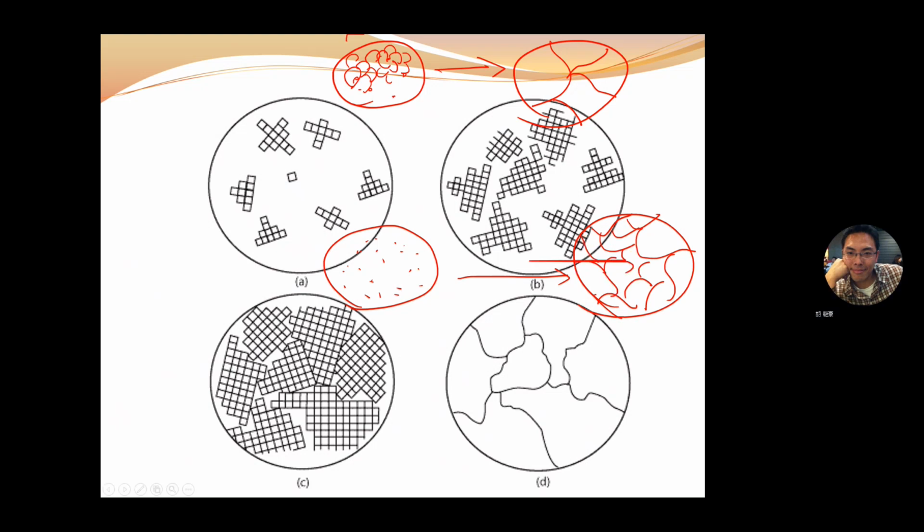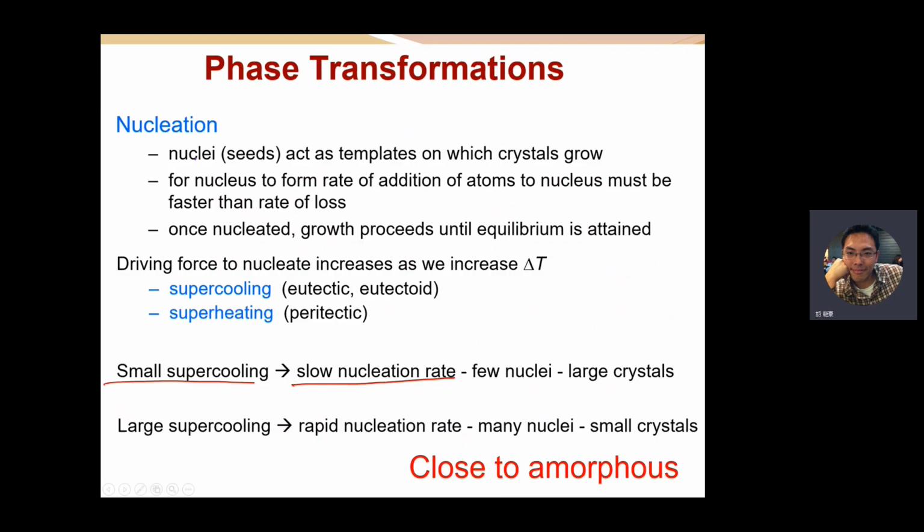Okay, so you know what I'm saying? That's what is saying here. For the slow nucleation rate or cooling rate, few nuclei. For the rapid rate, many nuclei. Slow rate gives large crystals, and rapid rate gives small crystals.